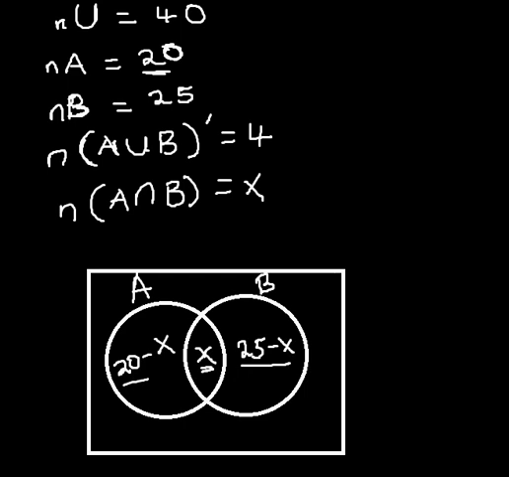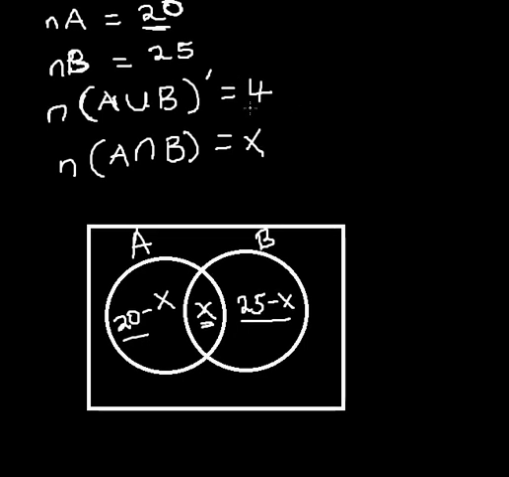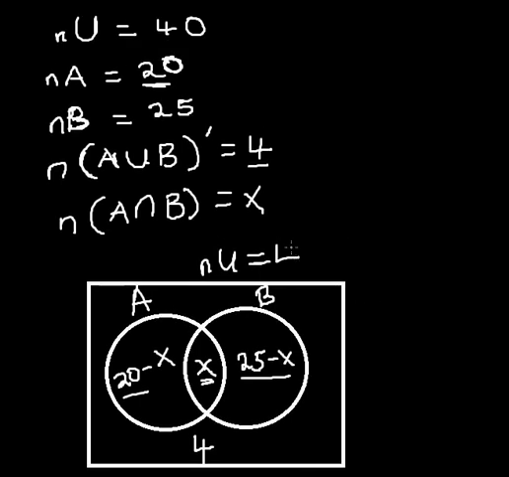Please take note of that. We are also told that the complement, the region outside the sets, is 4. Since we are looking for X, the universal set, from the question, is the total number of persons in the class, which is 40.